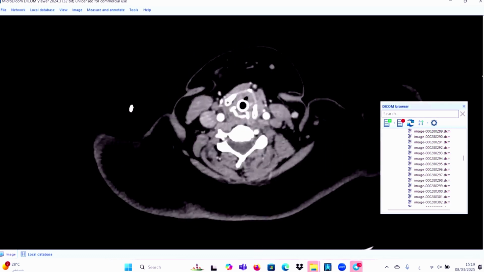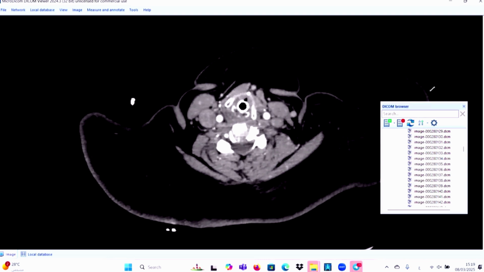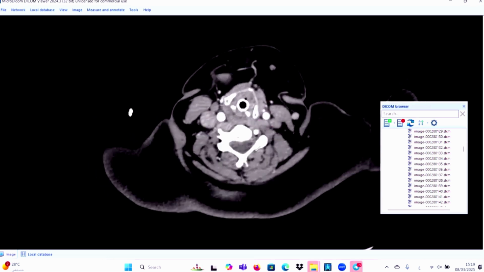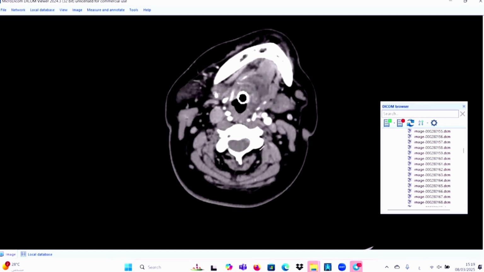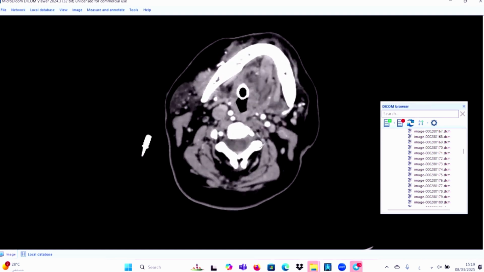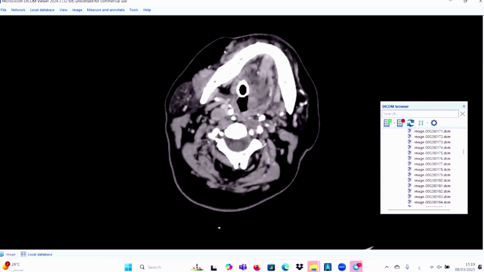Let's go to the anterior circulation. This is the left common carotid, and this is the right common carotid. Let's start with the left side. This is the carotid bulb before division, and this is the external carotid artery, and this is the internal carotid artery.